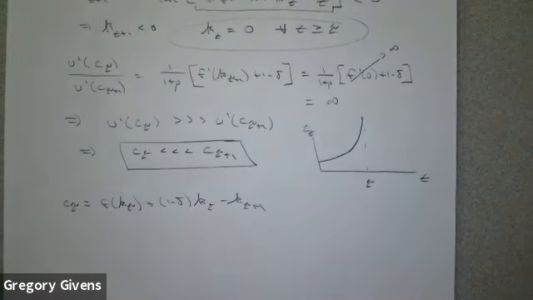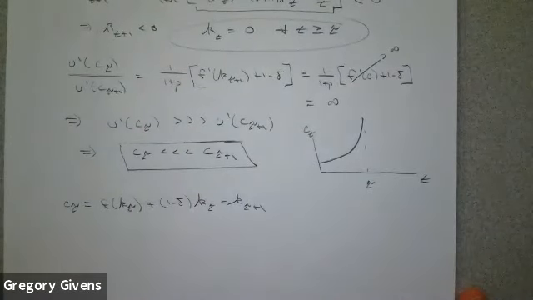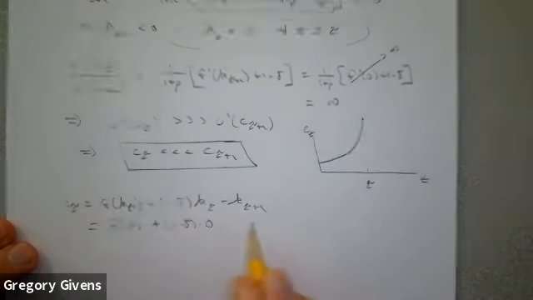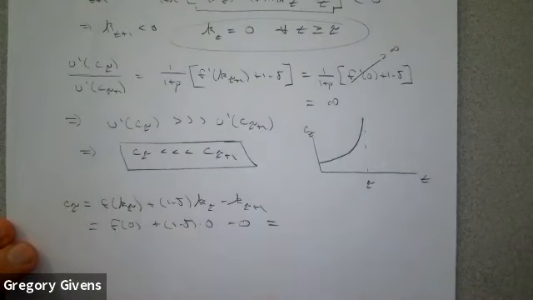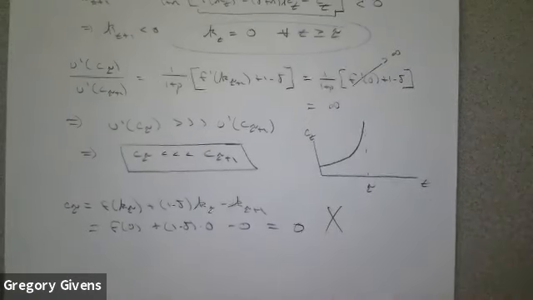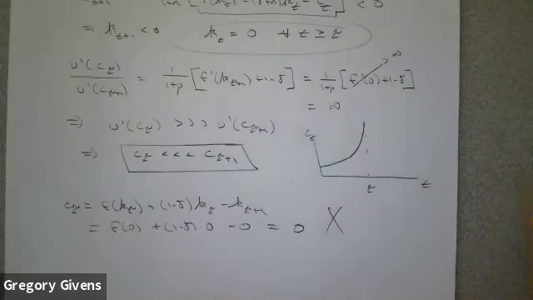If we get to the point where the capital stock hits this feasibility constraint 0, then what is C tau equal to? F of 0 plus 1 minus delta times 0 minus 0 is equal to 0. Right? So we've got a violation then of the intertemporal Euler equation.